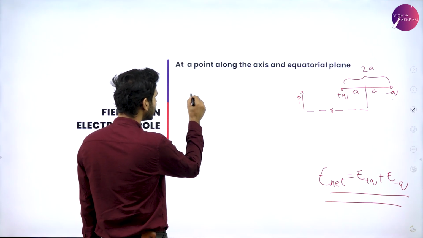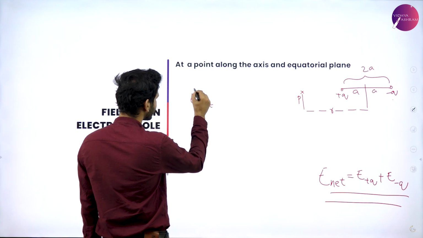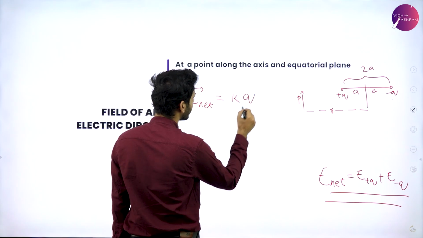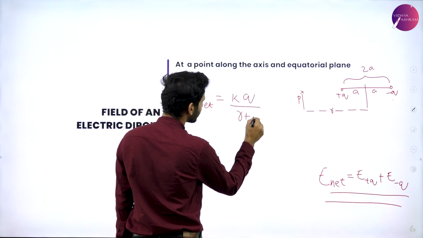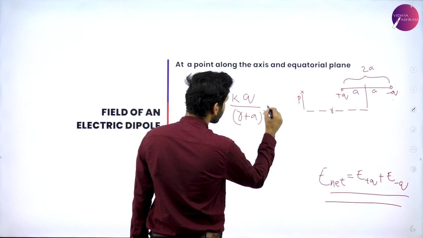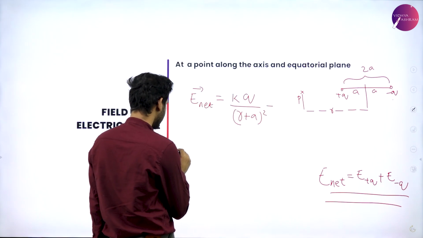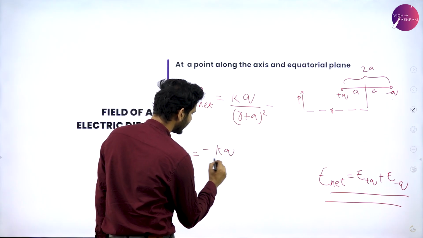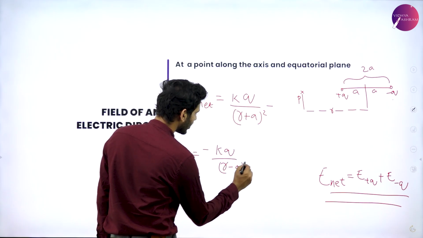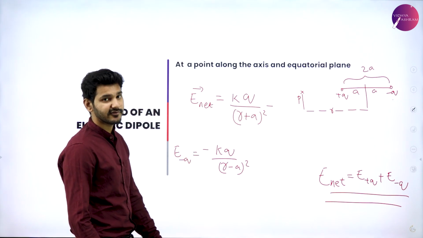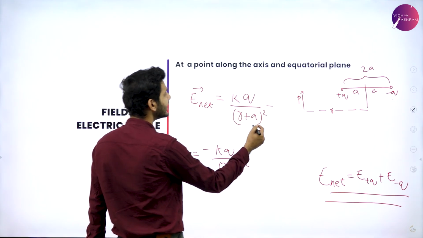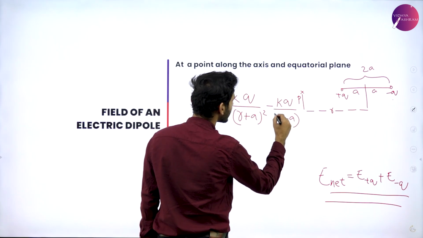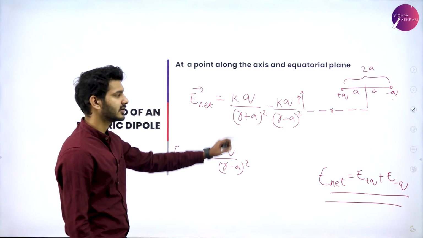So we'll get E net equal to K positive Q divided by (R plus A) whole square, minus, because E minus Q is given by minus KQ divided by (R minus A) whole square, because the direction of the electric field is in the opposite direction. So we'll get KQ divided by (R minus A) whole square, and this will be the equation.